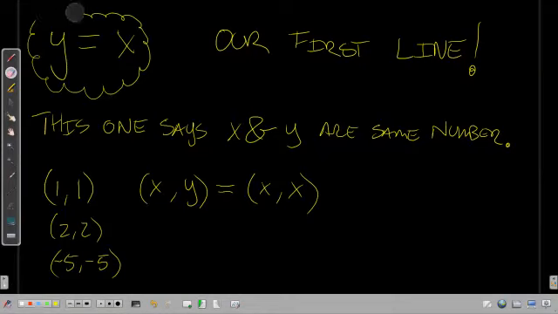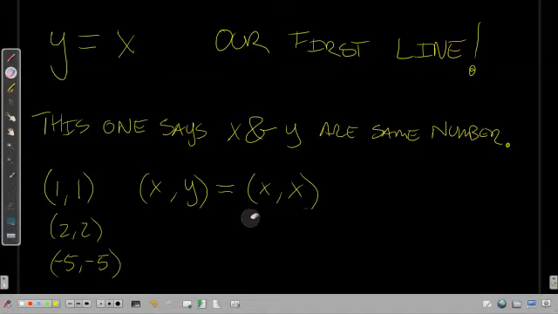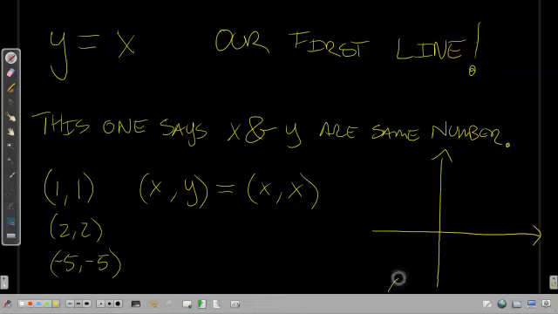So this line, y equals x, must have the property that all of its ordered pairs have the same number in both coordinates. Then it would make a graph of a diagonal line perfectly at 45 degrees.